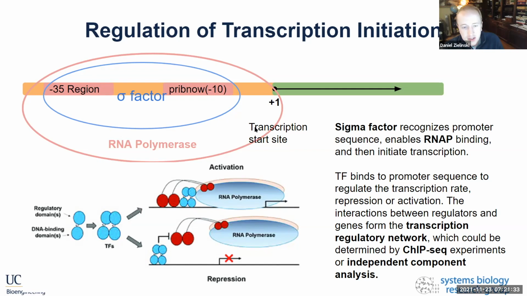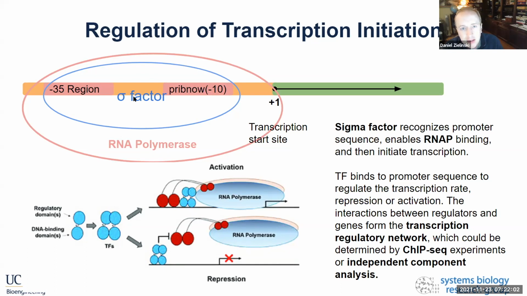You're probably also aware of transcription factors that can also bind. Canonically, they would bind upstream and potentially help to recruit the polymerase. But oftentimes, they bind directly on top of the sigma factor recognition elements, the -10 and -35 box. And in these cases, they might be repressing it because they're sterically hindering the RNA polymerase from binding.